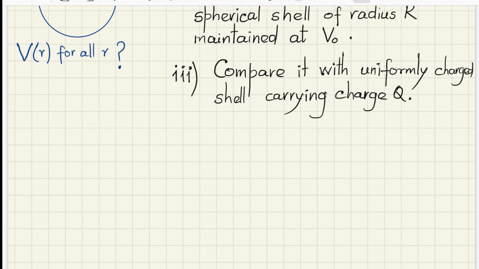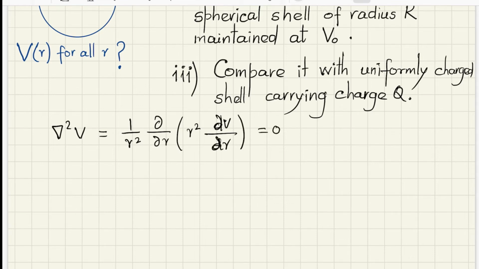This is simple. We know that del squared V, in spherical symmetry, the only term that will be of importance is the first term, which is 1 by r squared, del by del r of r squared del V by del r, equal to 0. That's the Laplace equation.